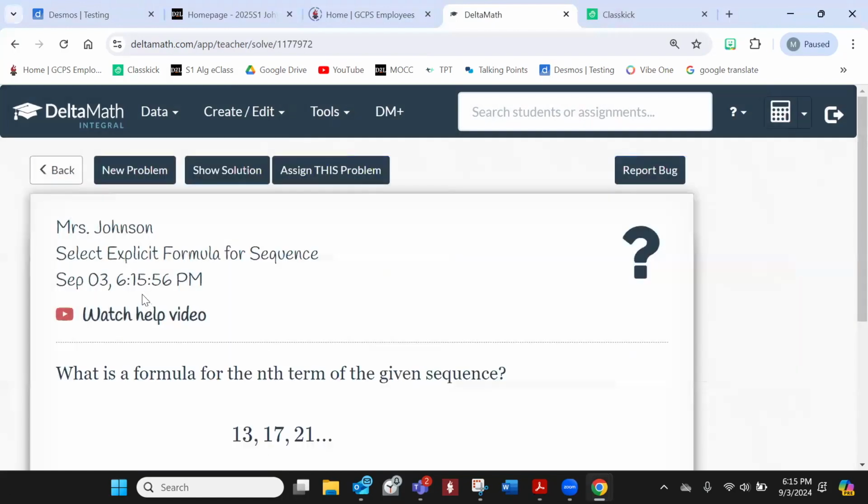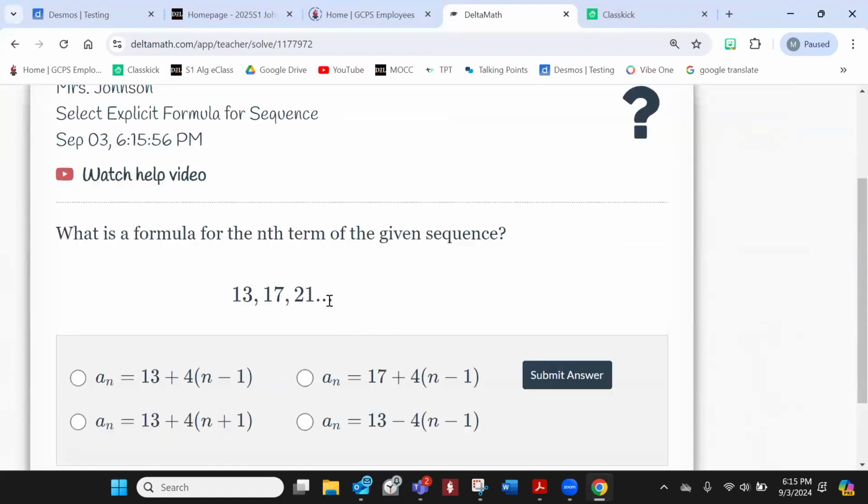All right, last thing. Okay, so it says, what is the formula for the nth term of the given sequence? Okay, so let's talk about it. All right, so it says, what's the formula for the nth term of the given sequence?